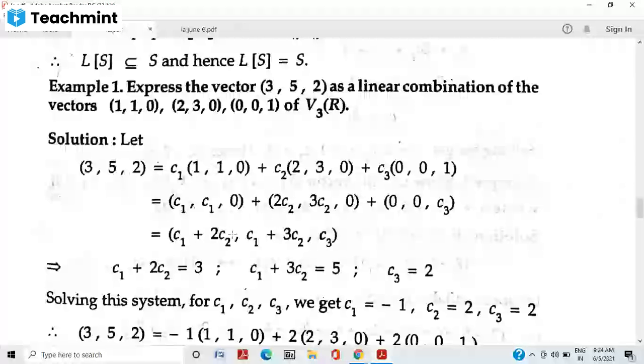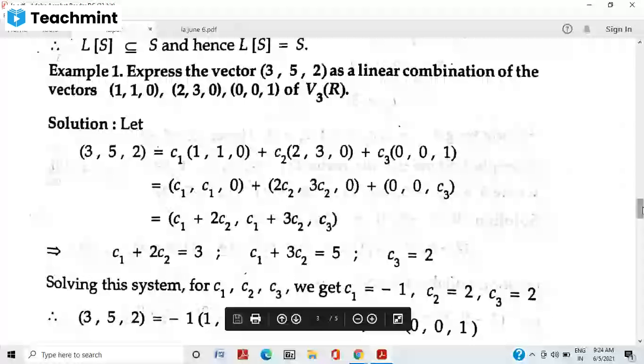Then we should solve that. In this case we get it directly, no need of solving by the matrix method. We got C1 plus 2C2 equals 3, C1 plus 3C2 equals 5, and C3 equals 2. Here only two equations are there, so you can also solve it directly.